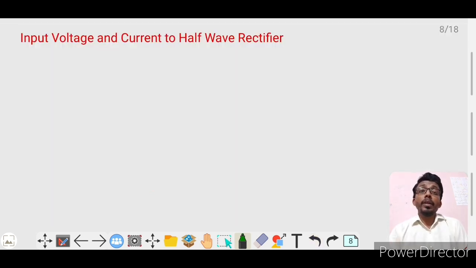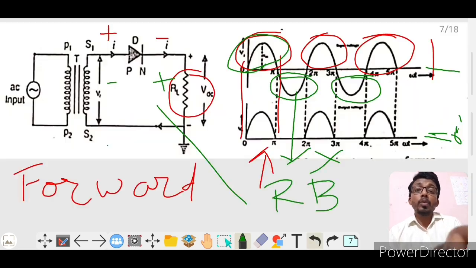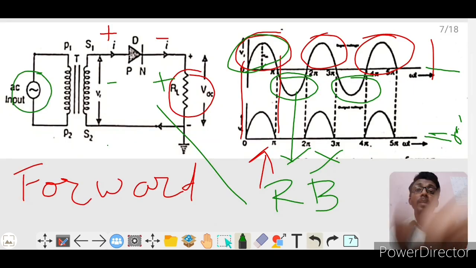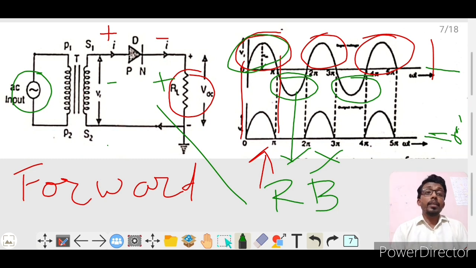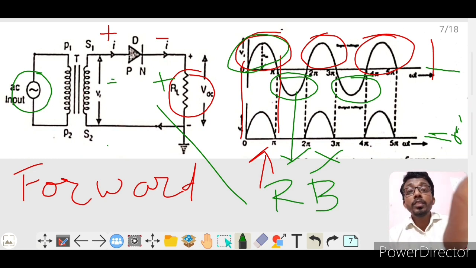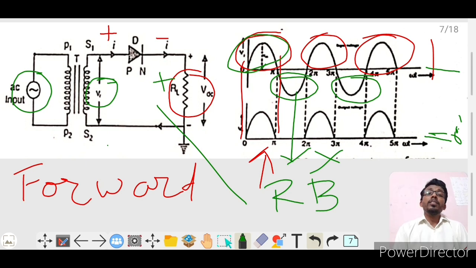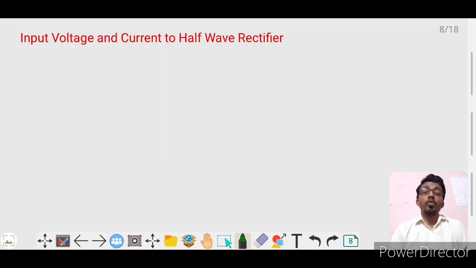Now, input voltage and current. What actually is the input voltage and what is the input current to a half wave rectifier? For input voltage, we are not taking the input voltage that we have applied through this AC circuit, but we are considering the input voltage which is applied over here, that is the step down input voltage.